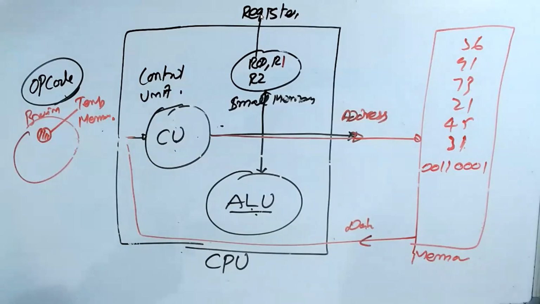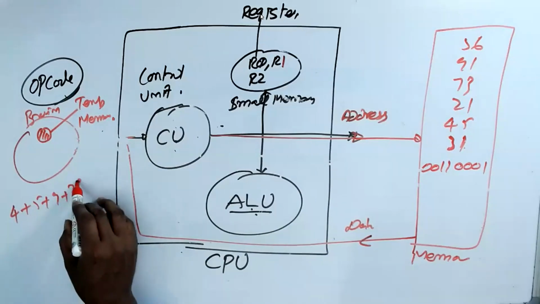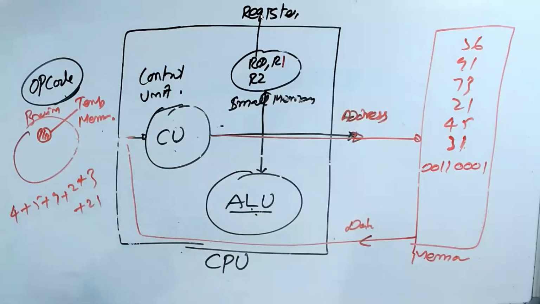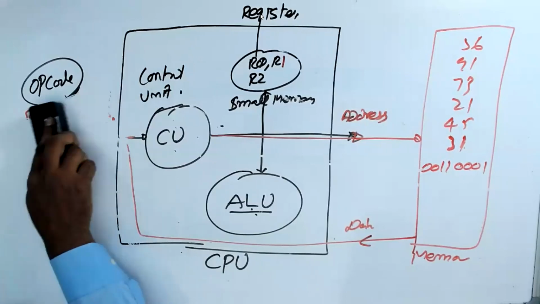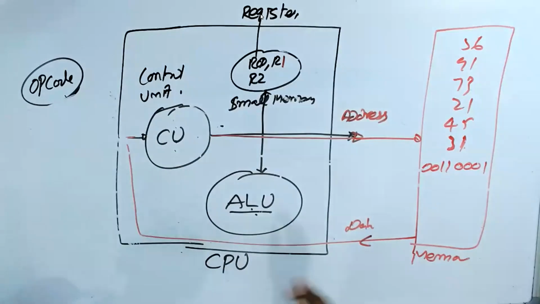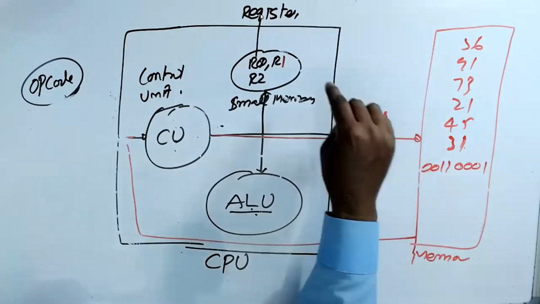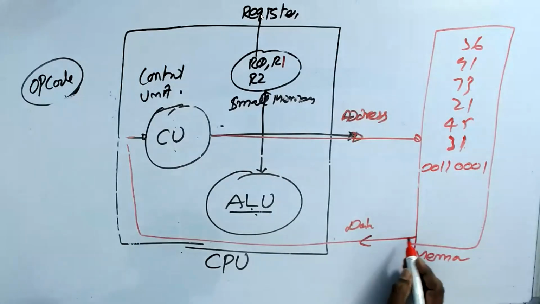So if I ask you 4 plus 5 plus 9 plus 2 plus 3 plus 21, you cannot remember. Okay, you will note it down on paper. So people thought, hey, this guy has only very little memory. So why this outside memory is very big. So why don't I use this memory to store here? So they thought, why don't we do this as a write and read?